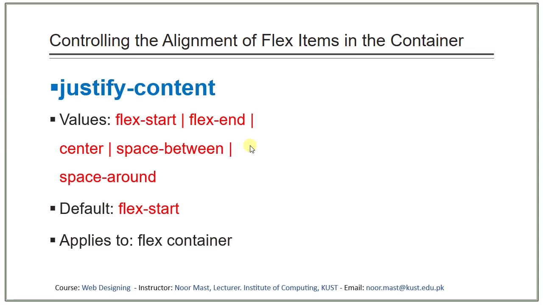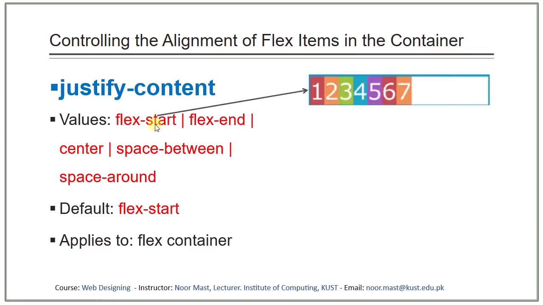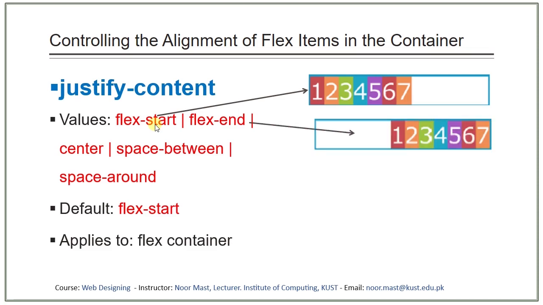Suppose after setting the flex-direction property to row, for justify-content we have the value flex-start, then the output will be like this. While if we set justify-content to flex-end, then the output will be like this one, to set the content towards the end of the row.